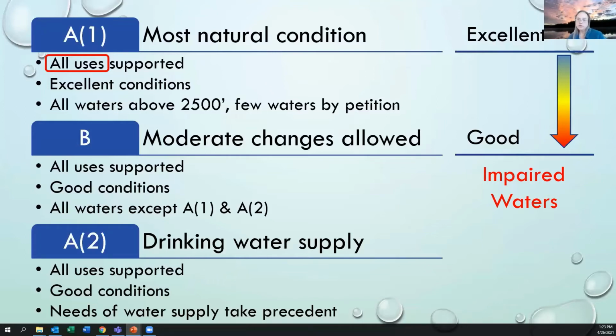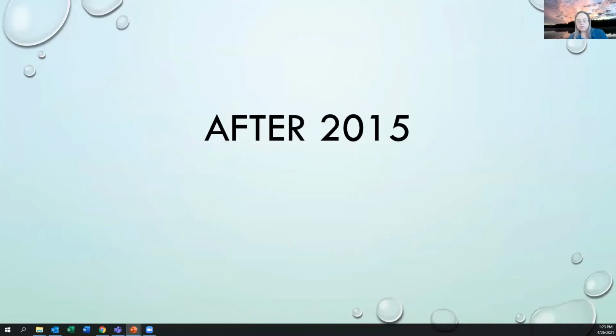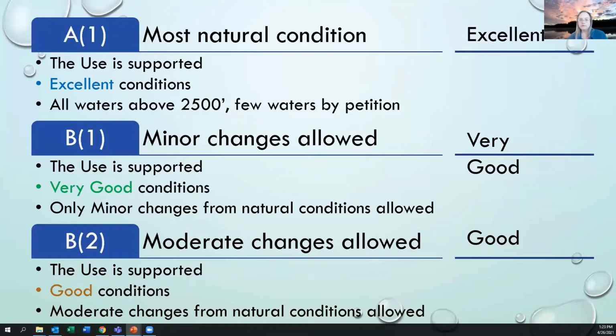So that's why we have gone after 2015 and redone our classification system so that now it includes 3 levels outside of that drinking water category. So we've got A1, B1, and B2 now. And the first thing you notice is that it doesn't say all uses anymore.